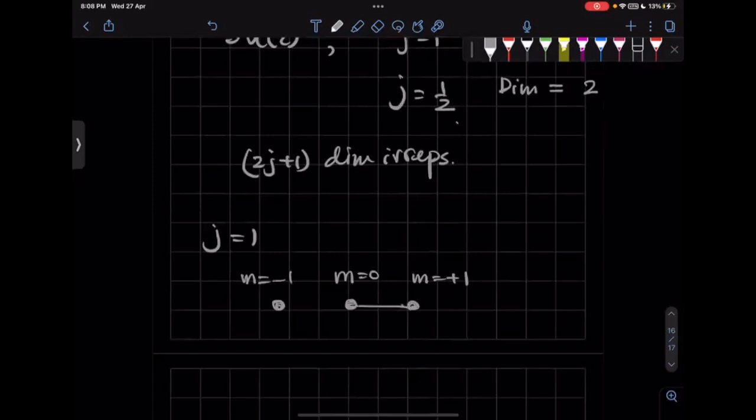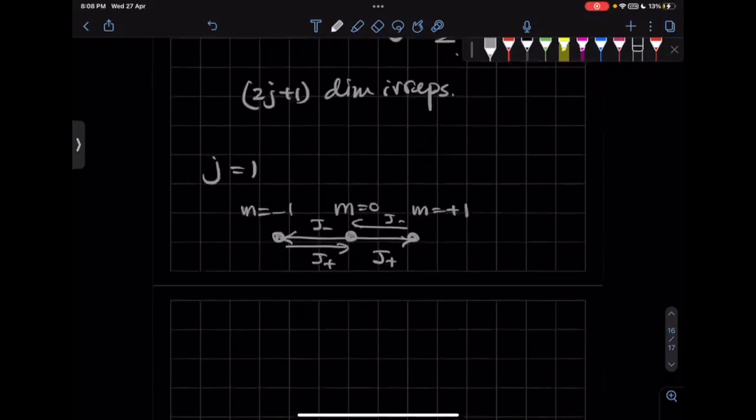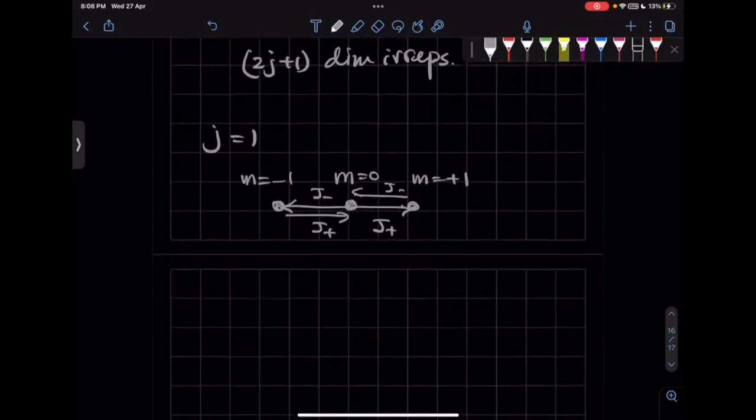And J plus took us in that direction, and this was J minus, right? So this was J equals to 1. And the fundamental representation was just 2, that's just M plus half and M minus half. J plus took us that way, J minus took us that way.